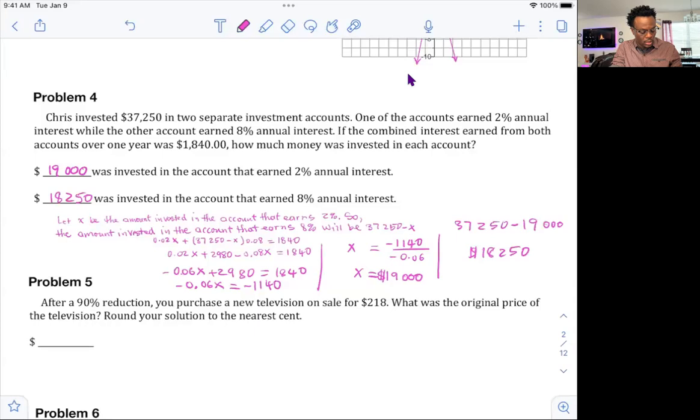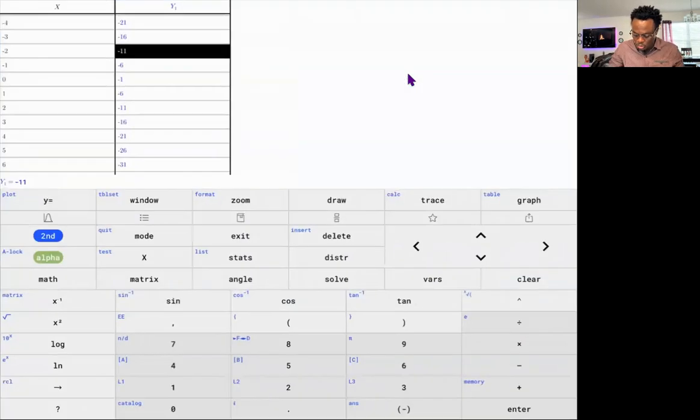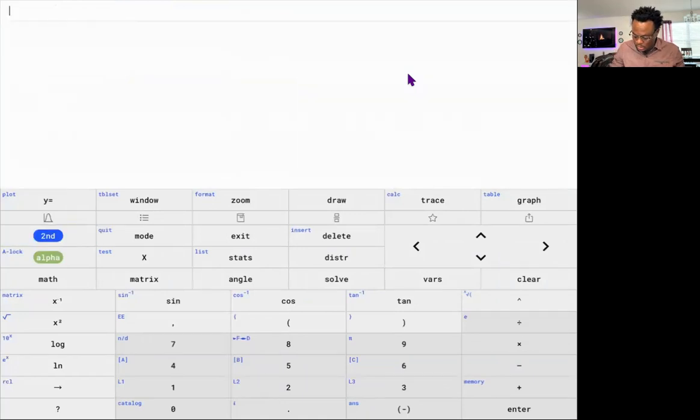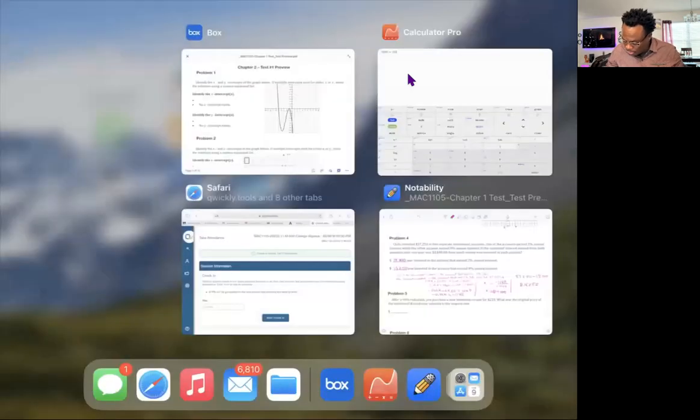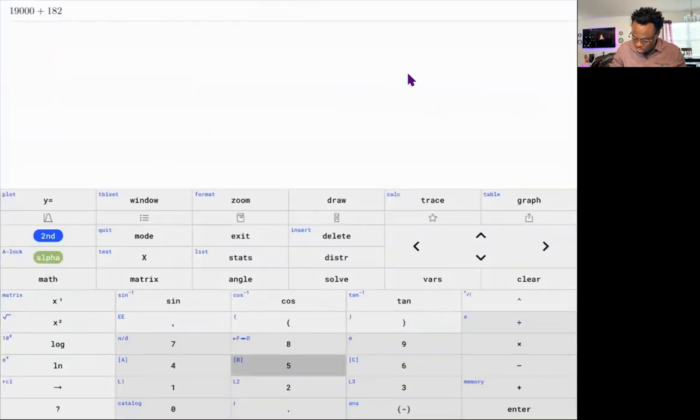So we do 19,000 plus 18,250, right? And then enter.